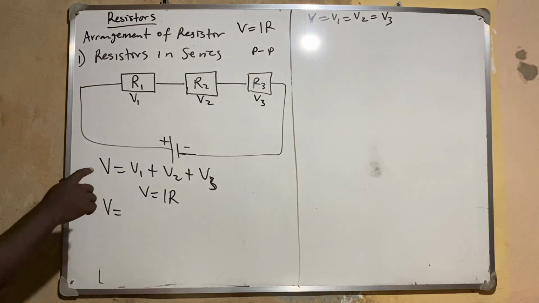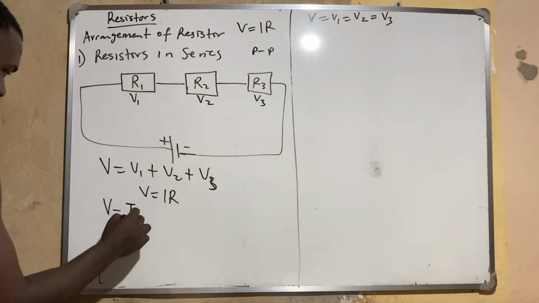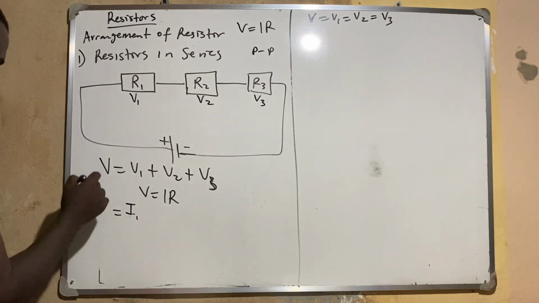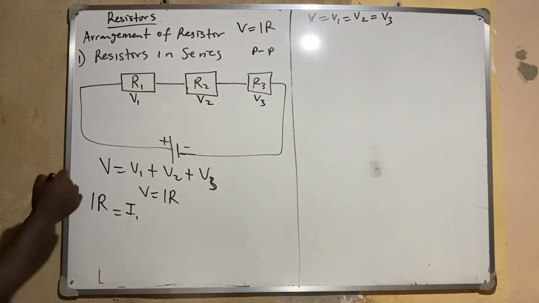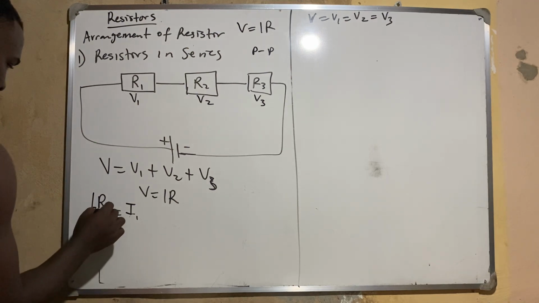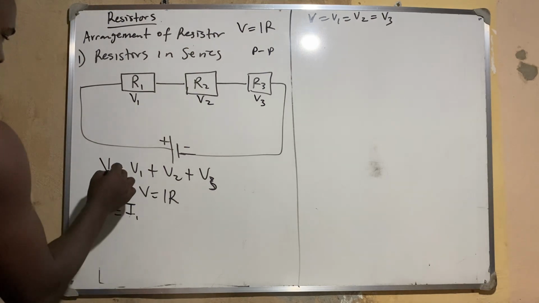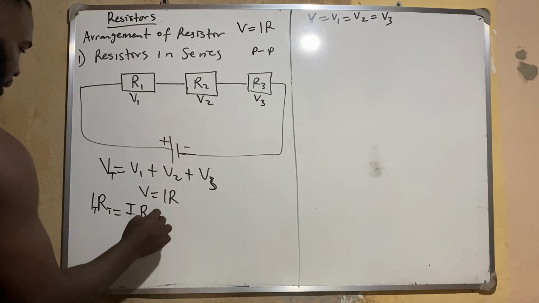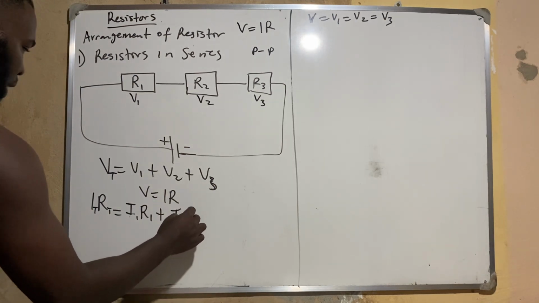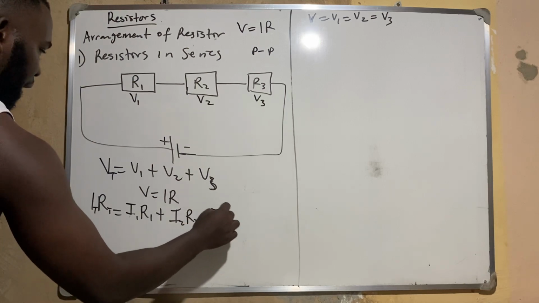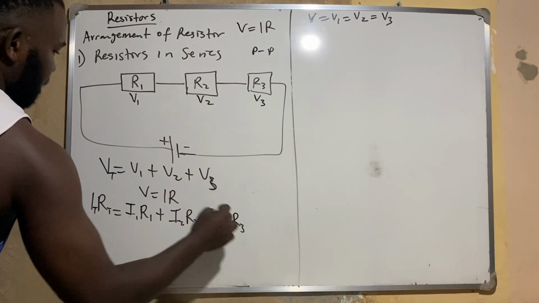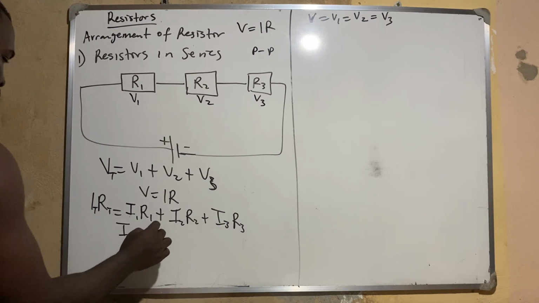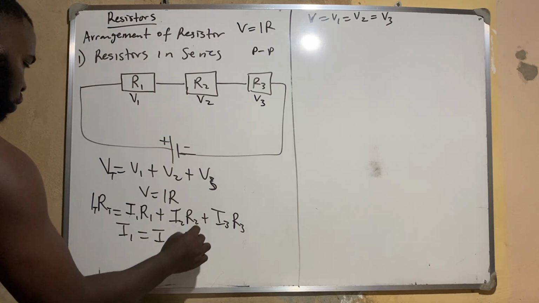So I will now have that I total R total, this one is the total, is equal to I1 R1 plus I2 R2 plus I3 R3. Very simple. Now, note that I1 is equal to I2, which is equal to I3.